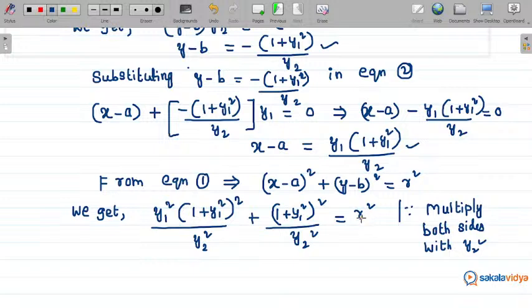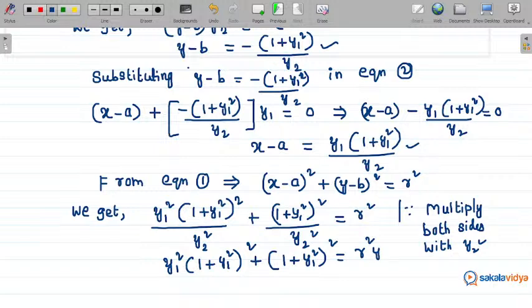We have r square into y2 square on the right. So y1 square into 1 plus y1 square whole square plus 1 plus y1 square whole square is equal to r square multiplied with y2 square.